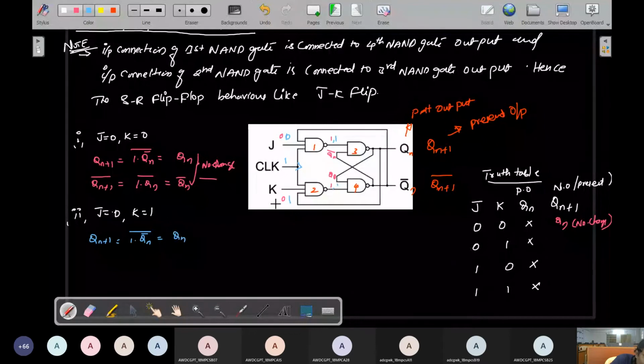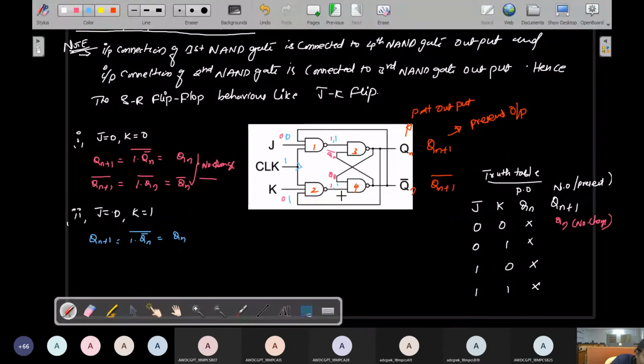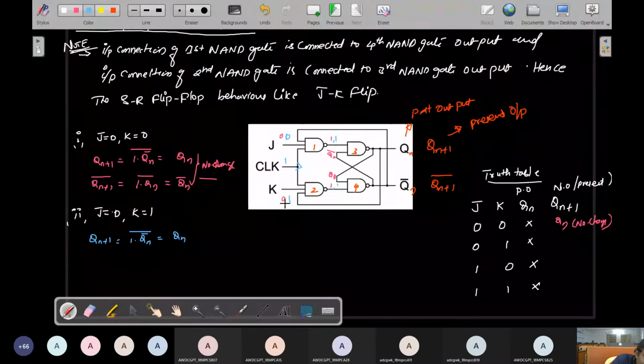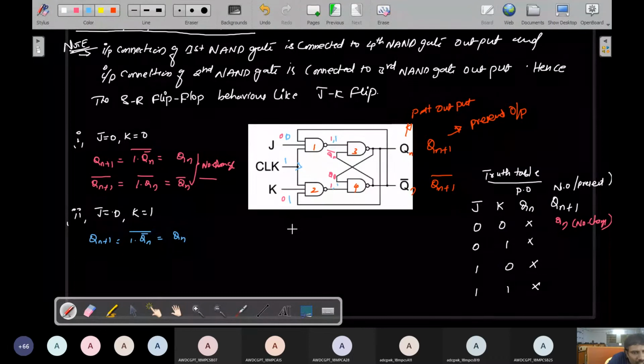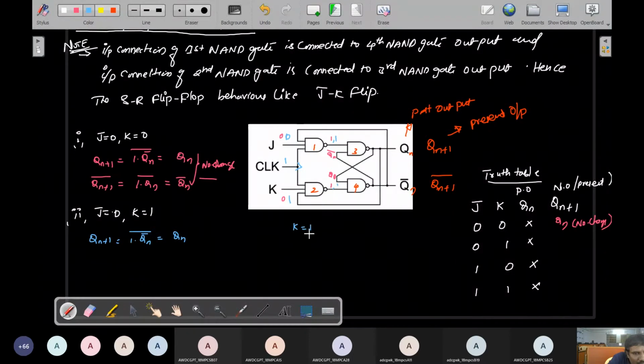So what is the output of this second NAND gate? K is given as 1, so the clock is equal to 1. Come to this case, and simply take Qn as the third input. So this is called Qn.